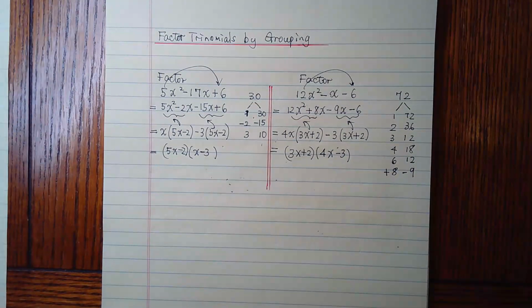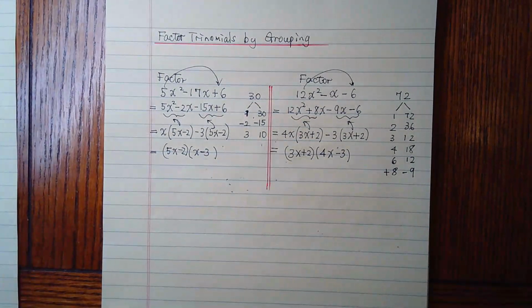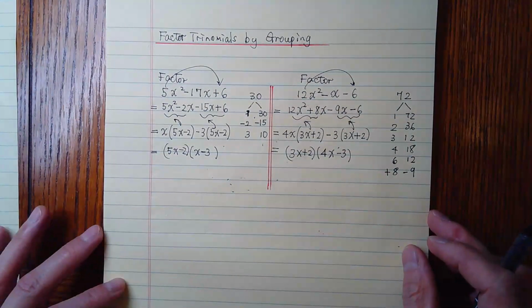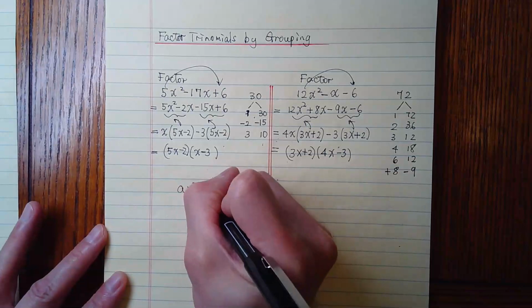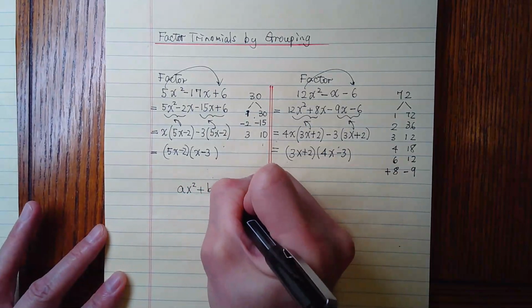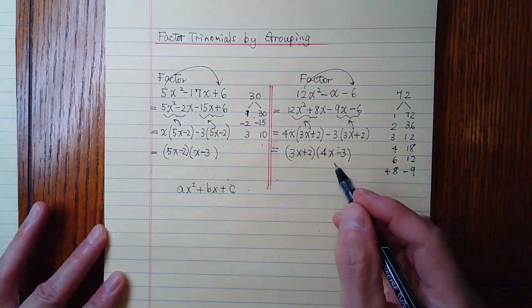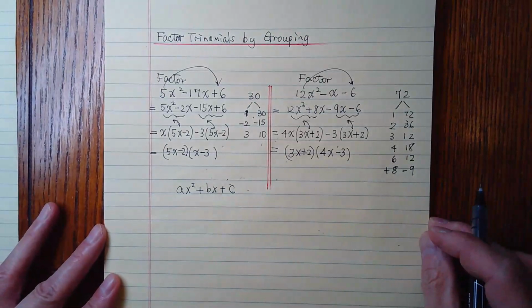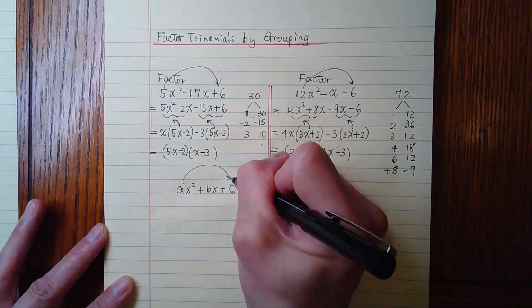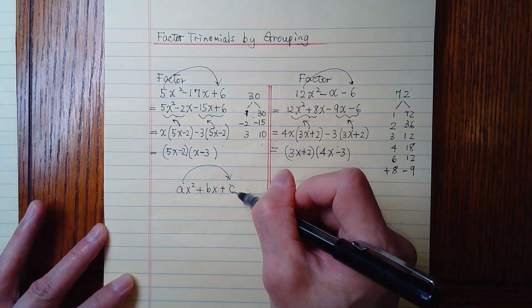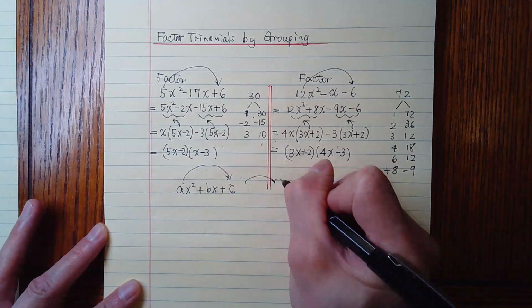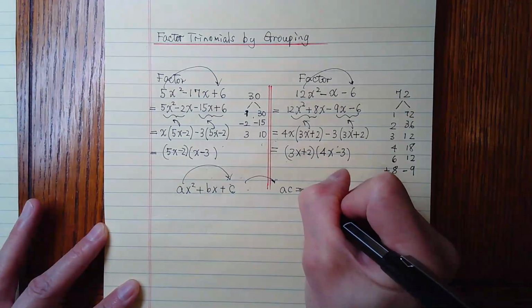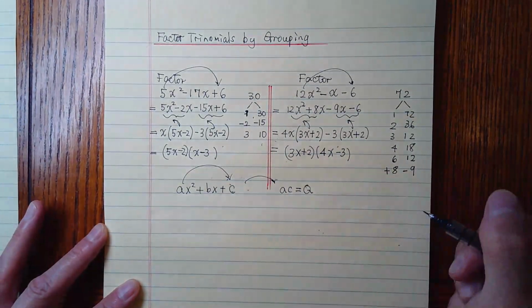And now let's take a minute to see why this method worked. Let's say we had ax squared plus bx plus c. We want to factor this trinomial, so we multiply the leading coefficient by the number at the end, and we will have a times c, which is another number.